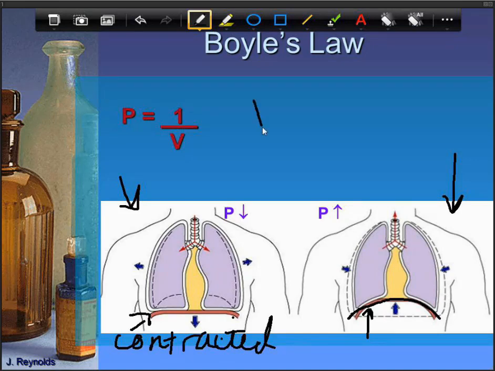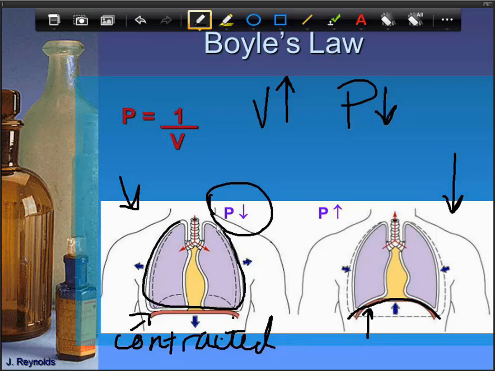The volume increases in the lungs. What will happen to the pressure in the lungs? Goes down. So look over on the left. You can see that the volume of the lungs has gotten bigger. When the volume gets bigger, pressure goes down.